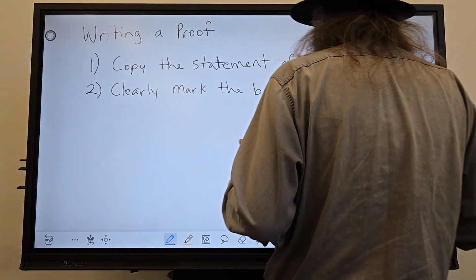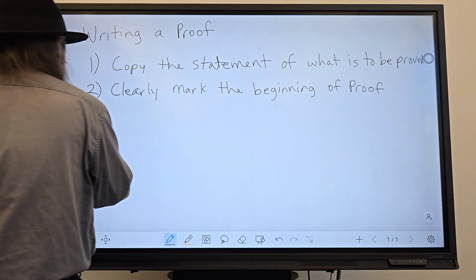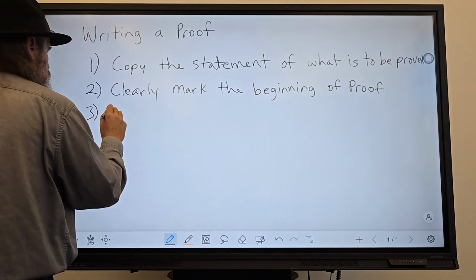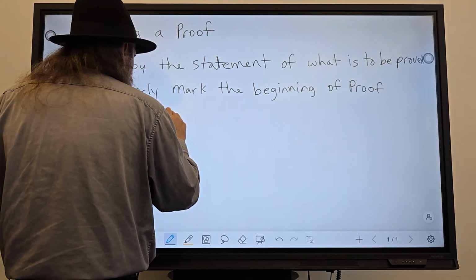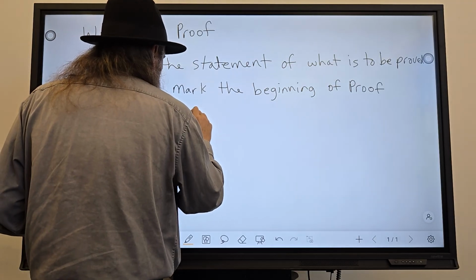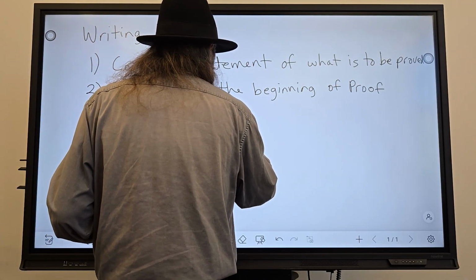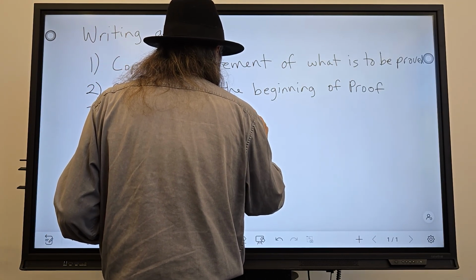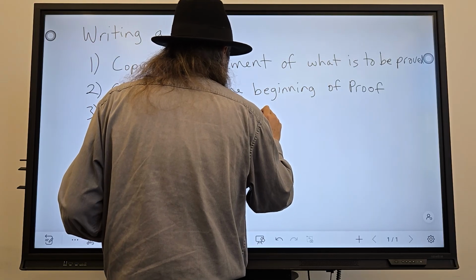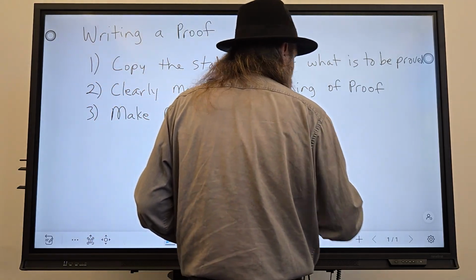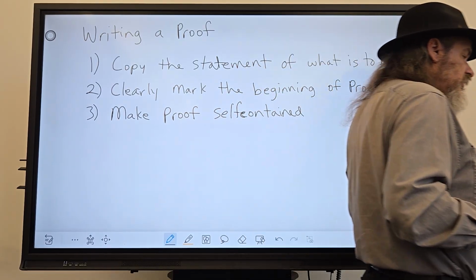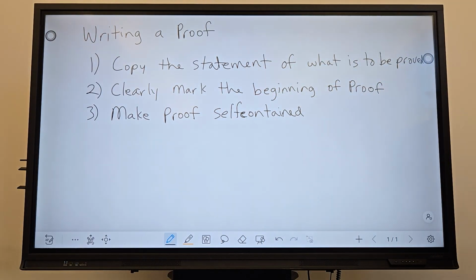Number three, make the proof self-contained. So if you're going to be using variables, define the variables within the proof.